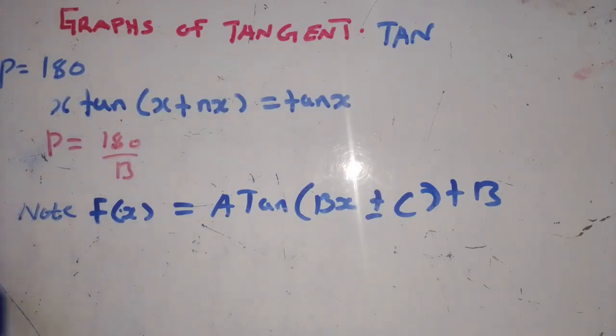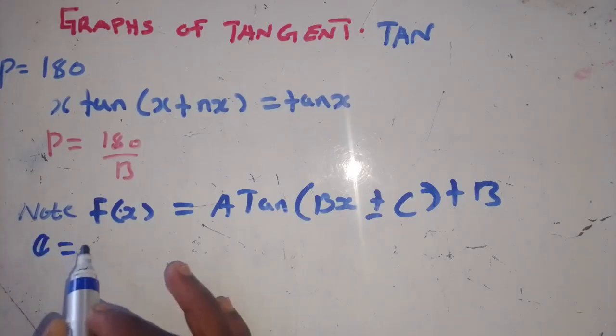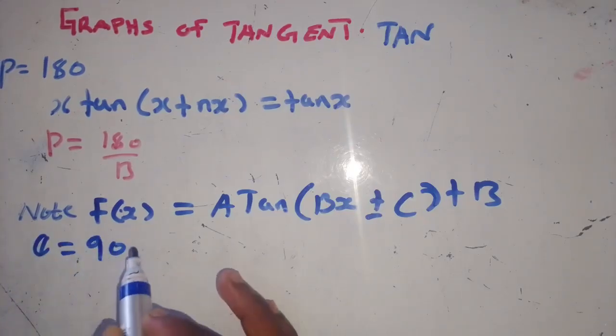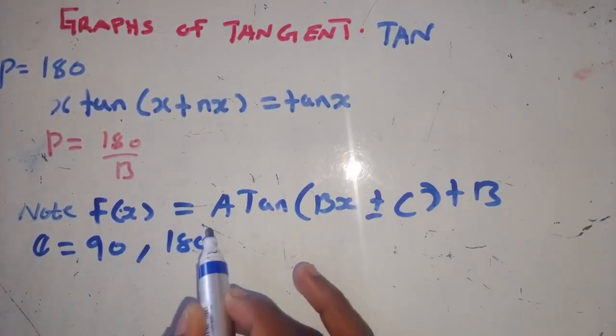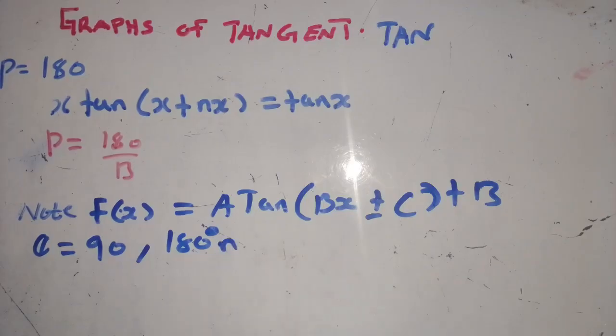With this function, it's going to have an asymptote where theta is 90 or 180 degrees n. This is what you also need to know. But don't worry about this.